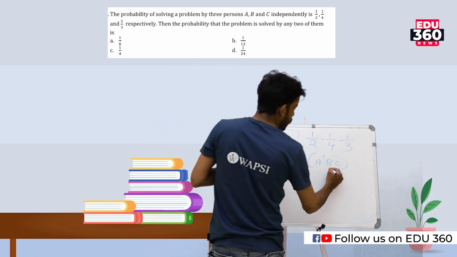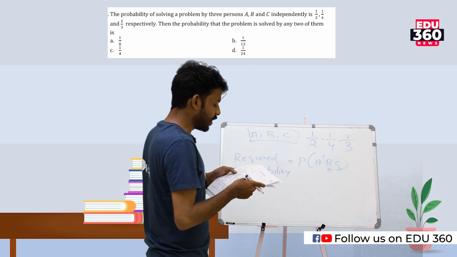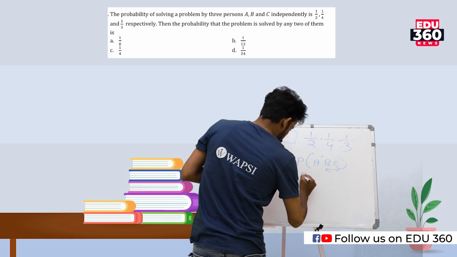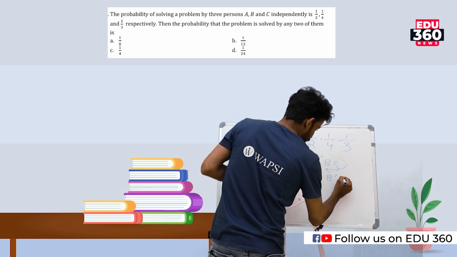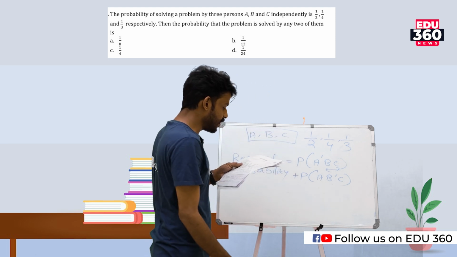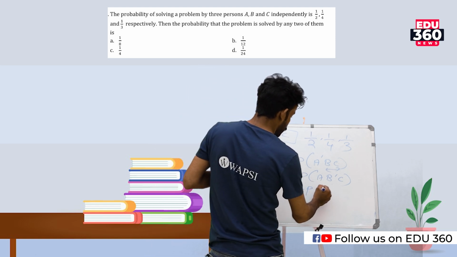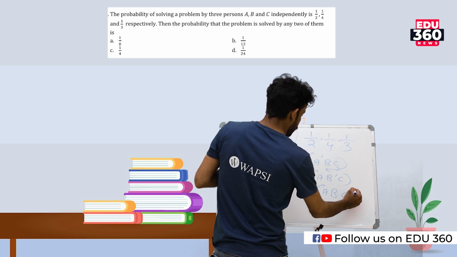Yes, so for this one I just consider B and C. So that is A dash B C plus the next one, the probability of A B dash C plus the next one, the probability of A B C dash.